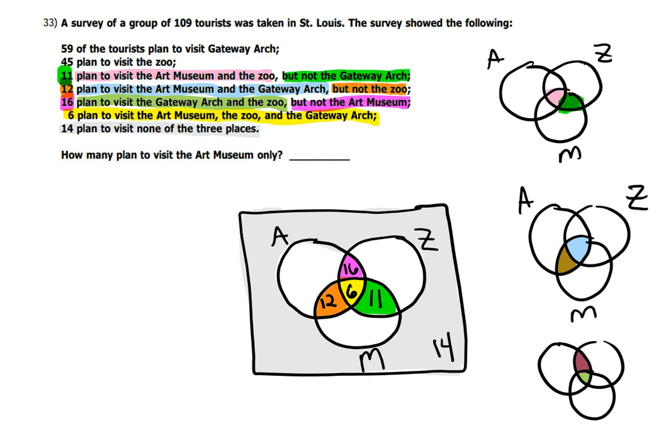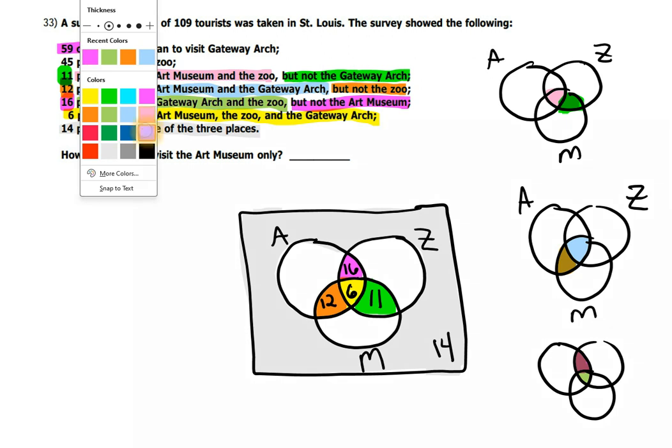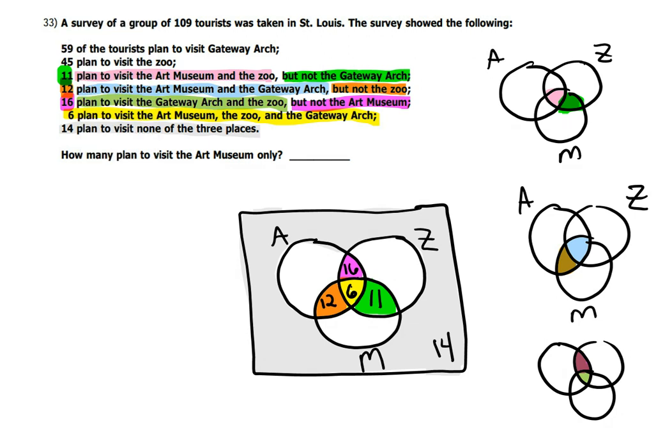Okay, and now I can go back and do, let's go with purple this time. I've got 59 people that want to go to the Gateway Arch, okay? The entire Gateway Arch is this entire circle. The piece I'm missing is this chunk right here.